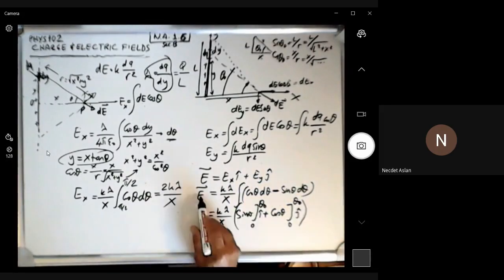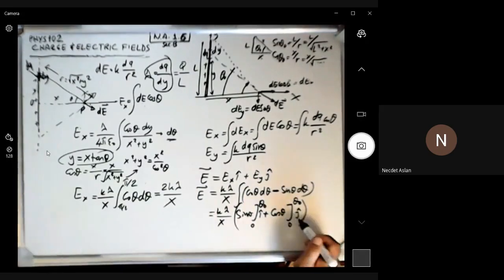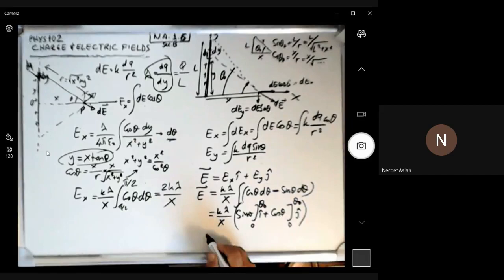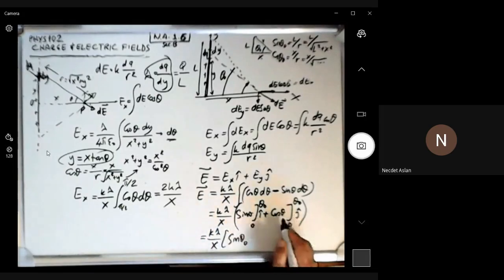Because the left hand side is a vector, you have to place these unit vectors correctly. So the result will be k lambda over x, sine theta 0, since sine 0 is 0, but this will give you the result cosine theta 0 minus 1, because cosine 0 is 1, right?